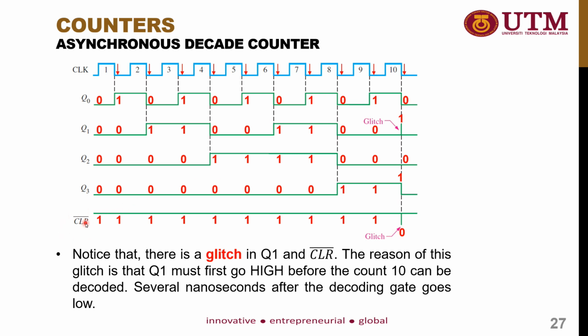So the CLR bar pin will be activated for all the flip-flops, and it will make the next output of the flip-flops become 0000. So this is how the glitch happens, because the output of Q1 and the input of CLR bar change momentarily before it goes to the reset state, because the reset state will override whatever output we have at the flip-flop.